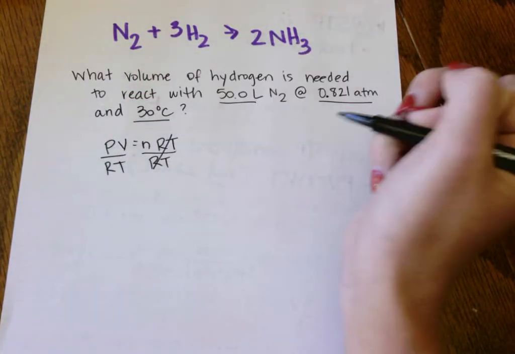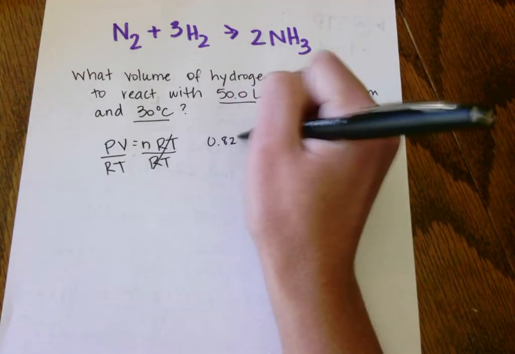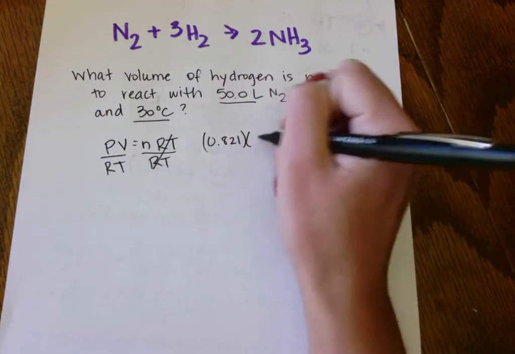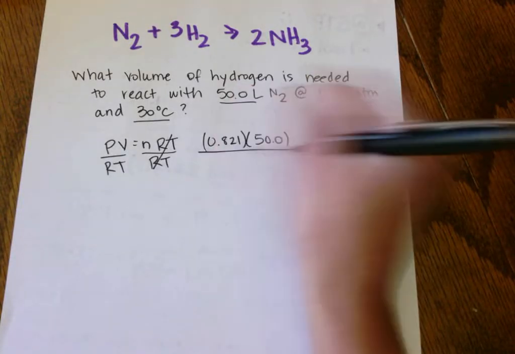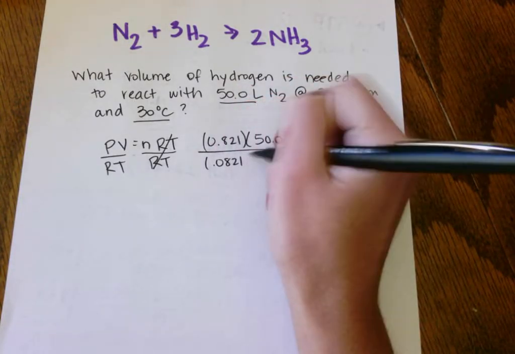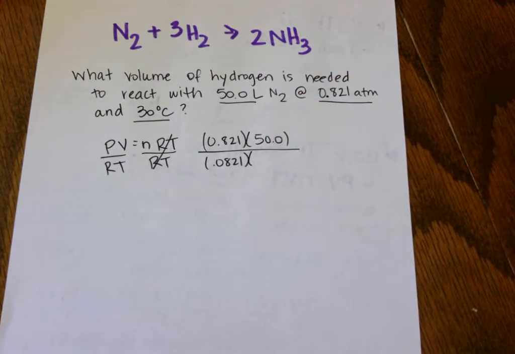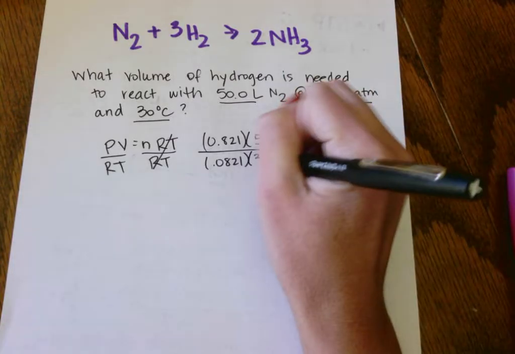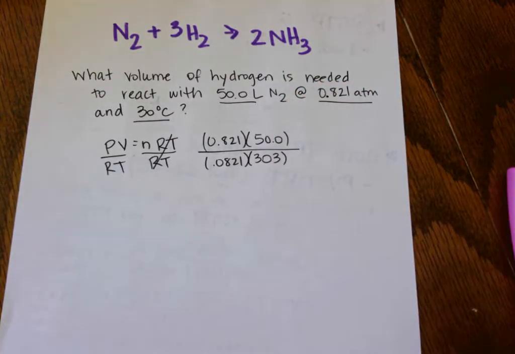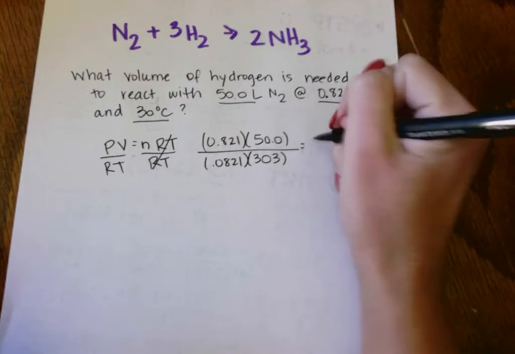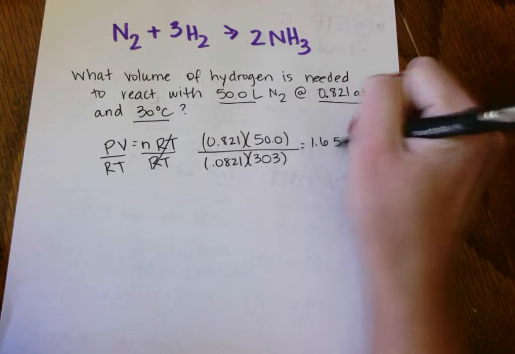So my moles are going to be my pressure times my volume divided by R, and 273 plus 30 is 303 Kelvin. Using my handy dandy calculator, 0.821 times 50 divided by 0.0821 divided by 303 is 1.65 moles.